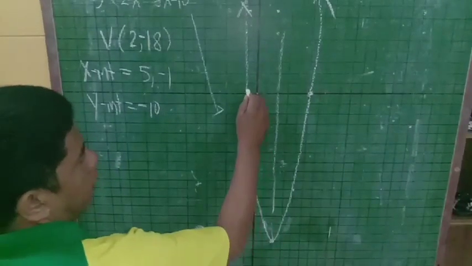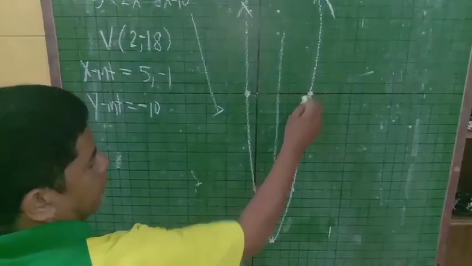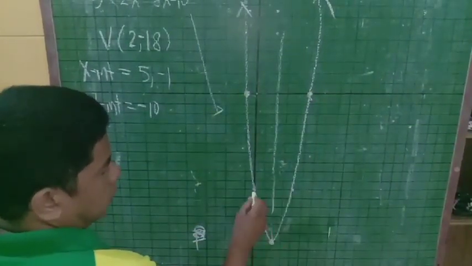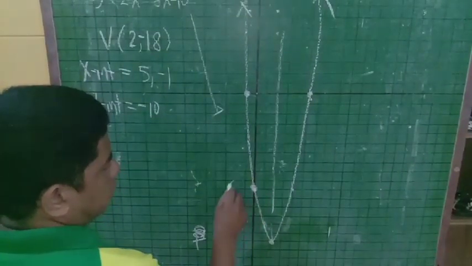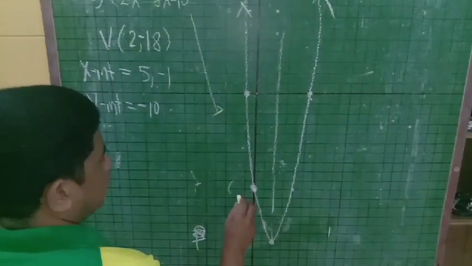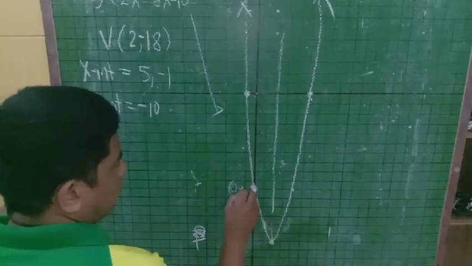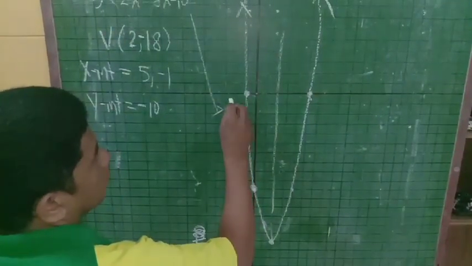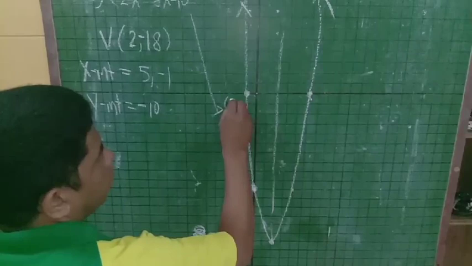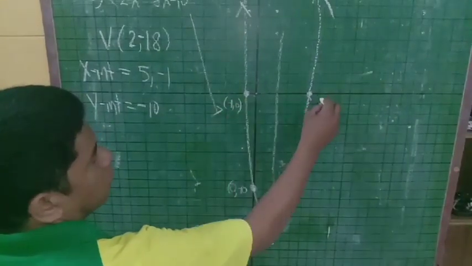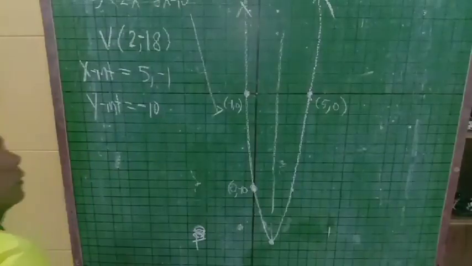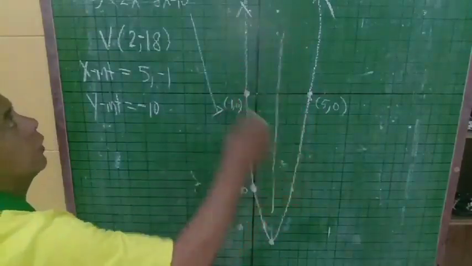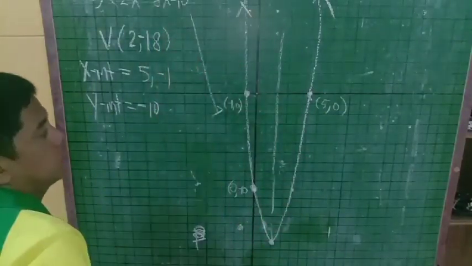So, ito yung x-intercept. This is the vertex. This is the y-intercept. So, this is 0, negative 10. This is negative 1, 0. And this is 5, 0. Okay. So, yan po yung graph natin ng 2x squared minus 8x minus 10.